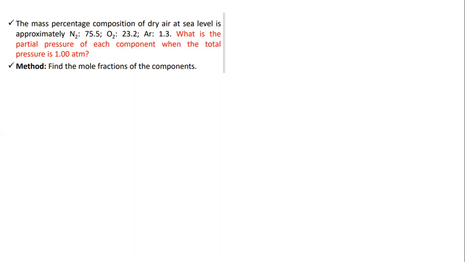It says to us, a mass composition. Mass, this is very important. They are not saying a mole composition or a volume composition. They say the mass percentage composition of dry air at sea level is approximately as follows, meaning for nitrogen gas, we have 75.5 because it's mass composition, we're going to say grams.